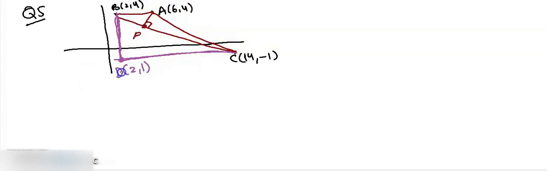Now you can see that I have extended the original figure, the original shape, and now I can calculate some of the things, and I can realize that ABCD is a trapezium, isn't it?